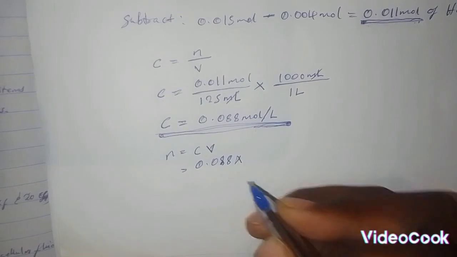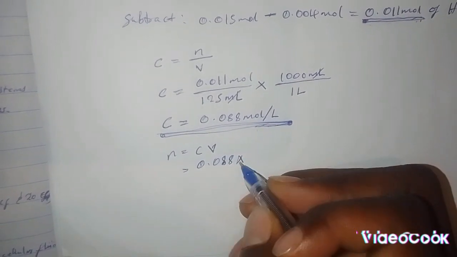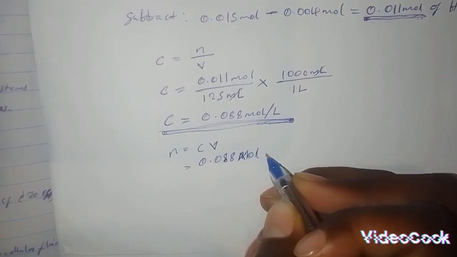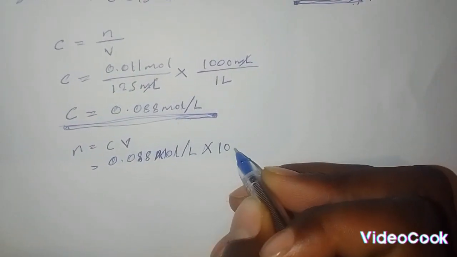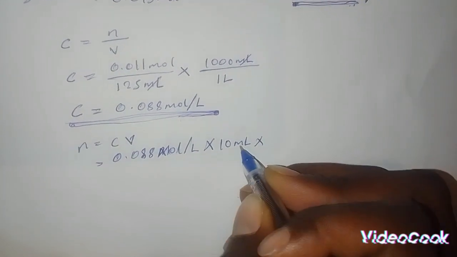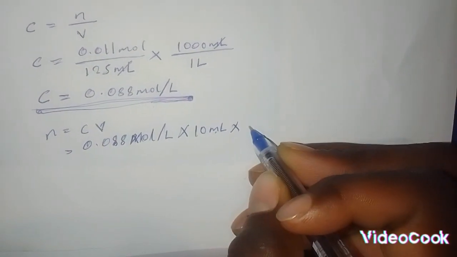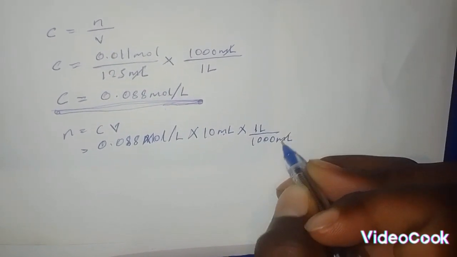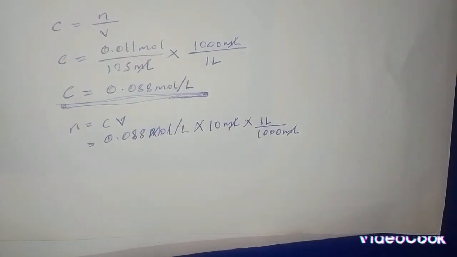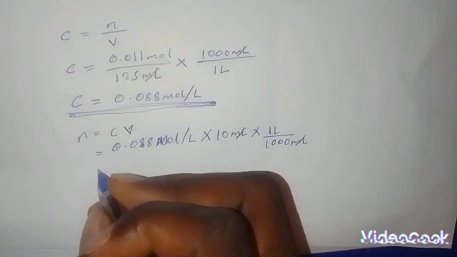Then multiplied by, so let me just show the units, the volume, which is 10 mils. So we want to get rid of these mils. So 1 liter divided by 1000 mils. So this guy and this guy will automatically go. So what are we going to remain with?